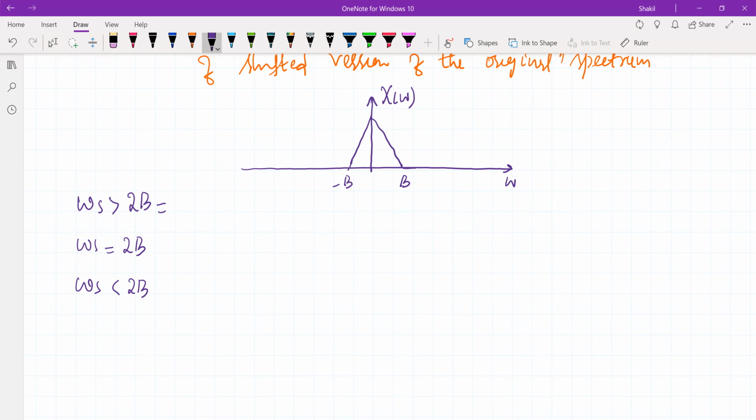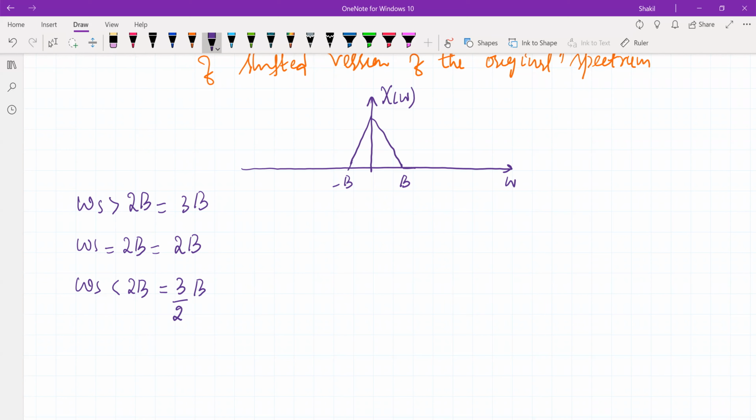Now let's take an example for this: 3b, meaning 3 times the maximum frequency component. And the equal case. And let's take the case 3 by 2 b, meaning when omega s is 1.5 times the maximum frequency component.